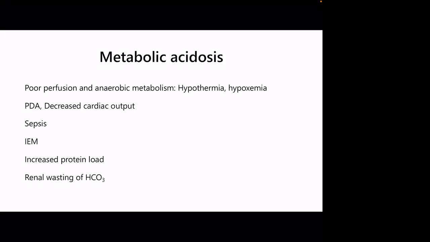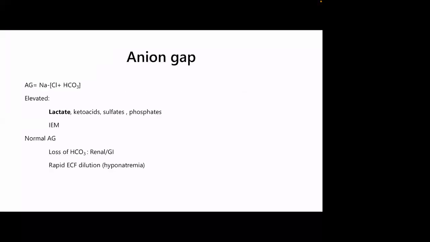Conditions like hypothermia and hypoxemia will lead to anaerobic metabolism and poor perfusion. And then PDA, decreased cardiac output, sepsis, imbalance of metabolism, where you can get an increase in organic acids and increased protein load, and then renal wasting of bicarbonate, especially in preterm babies who have immature kidneys.